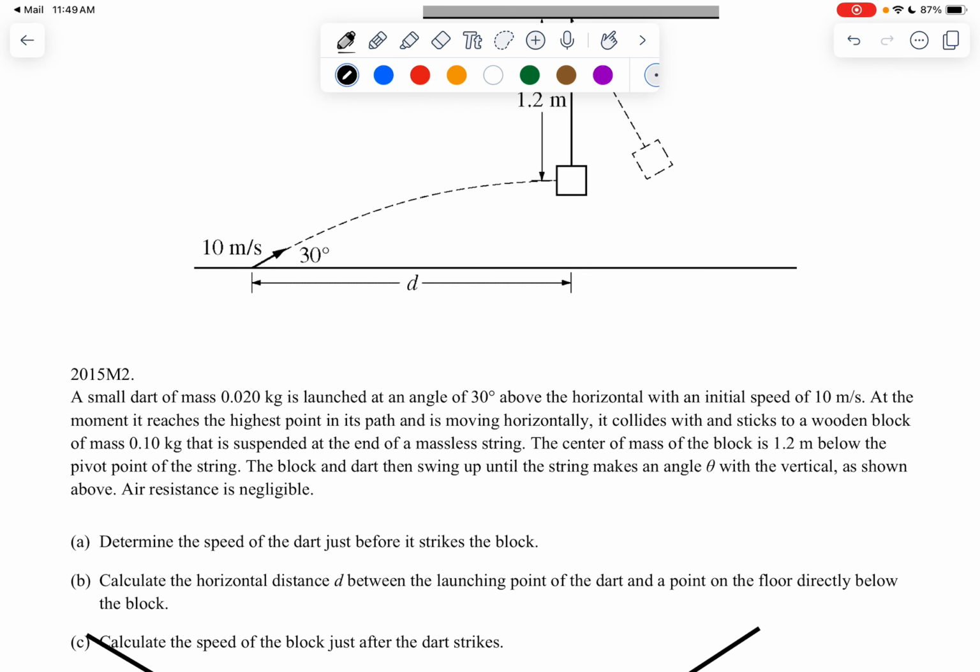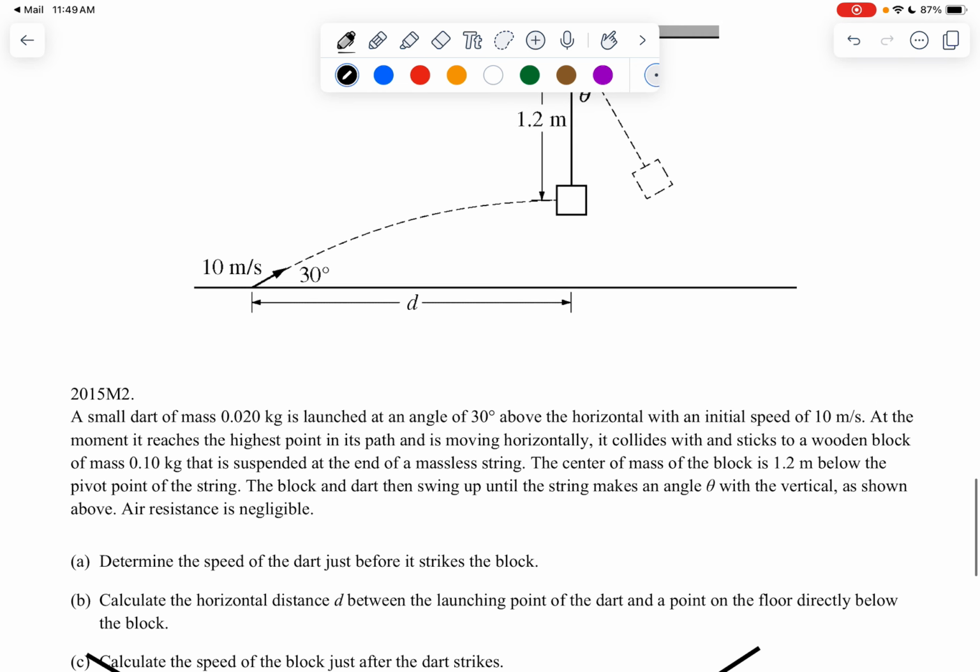It eventually is going to hit this block that's attached to our pendulum. And eventually, with later information, we basically have a ballistic pendulum where that mass hits the block, then they both move up together. But we're going to be focused just on this initial projectile motion part.